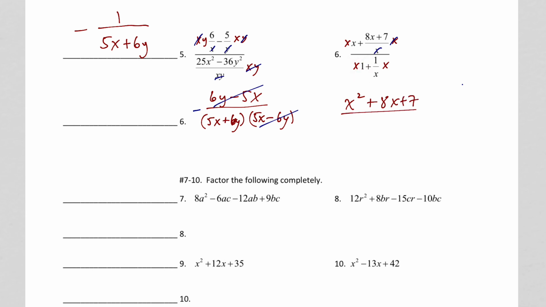Here we have, this gives us an x, and this x cancels, and we have plus 1. But this is factorable up top. The top becomes x plus 7, x plus 1 over x plus 1, and this cancels, and we're left with x plus 7.